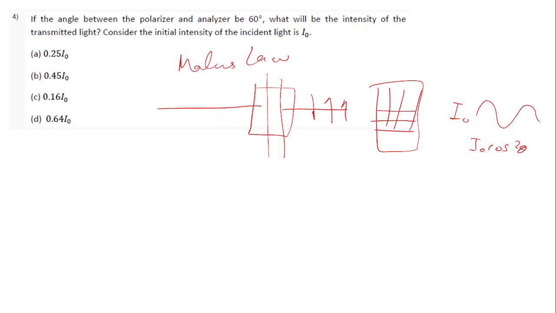A quick summary. So if the angle between polarizer and analyzer is 60 degrees, that means theta is 60 degrees, what will be the intensity of transmitted light? If the initial intensity is I naught, then the later intensity will be I naught cos square 60 degrees.